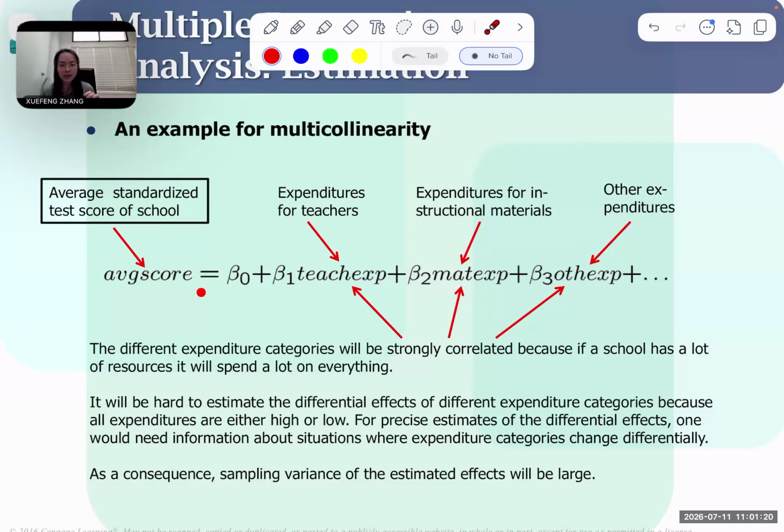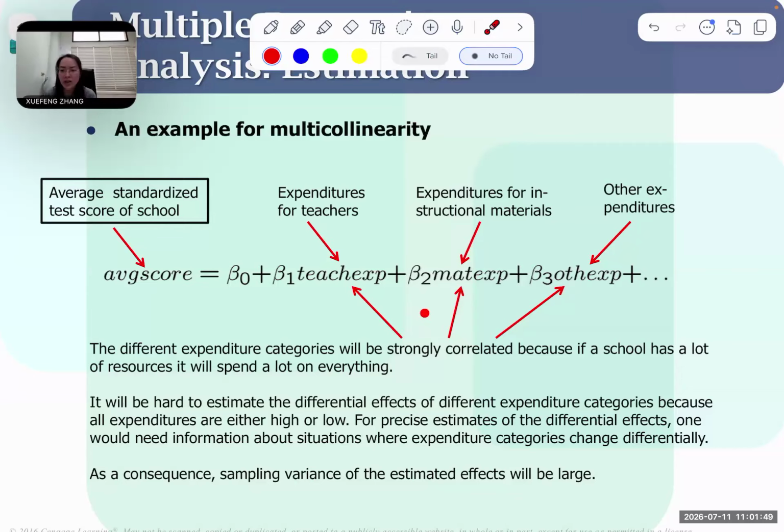To separate their effects cleanly, we would need to see cases where teacher spending goes up, but material spending stays flat. But in real data, that almost never happens. They rise and fall together. The result is that OLS can still estimate the model.